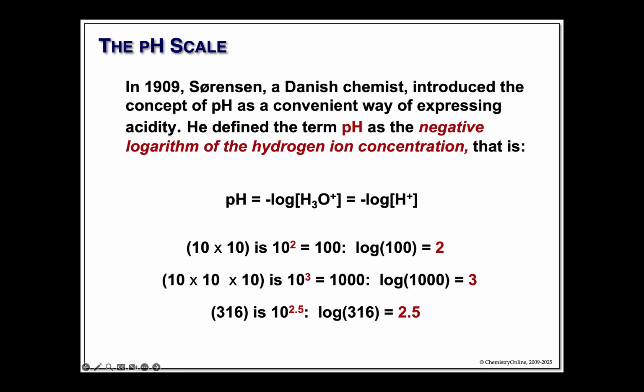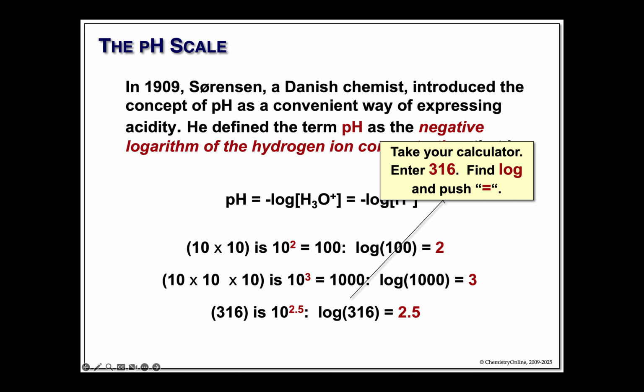Now, back when I was a child, the books had long tables. Today, we have calculators. That's a big difference. If you take your calculator and you hit 316 and then log, you should get 2.5-ish.